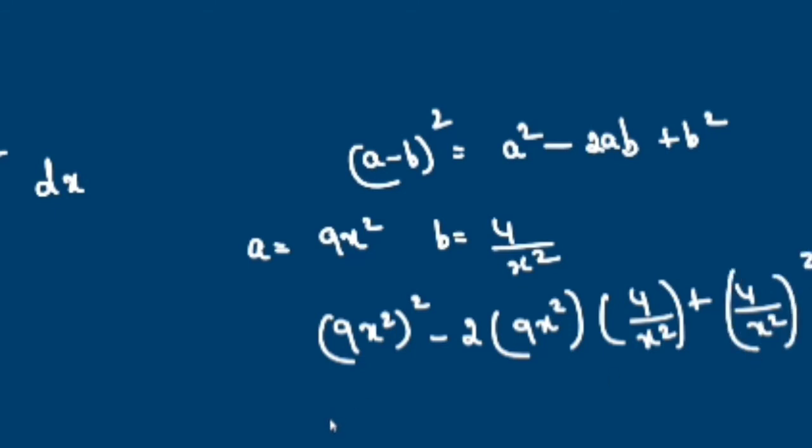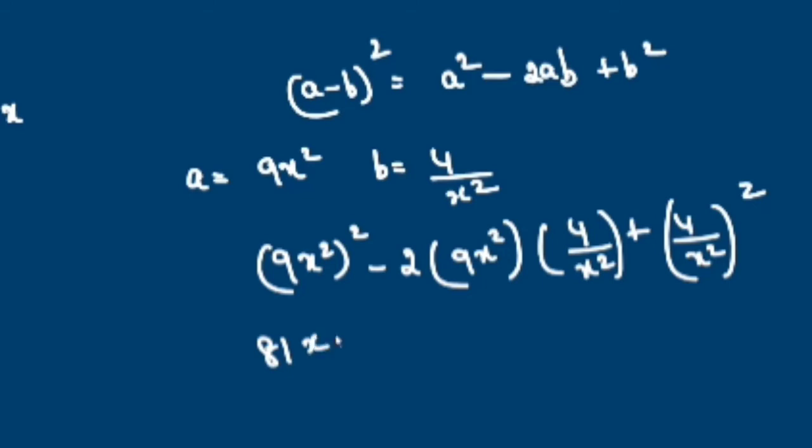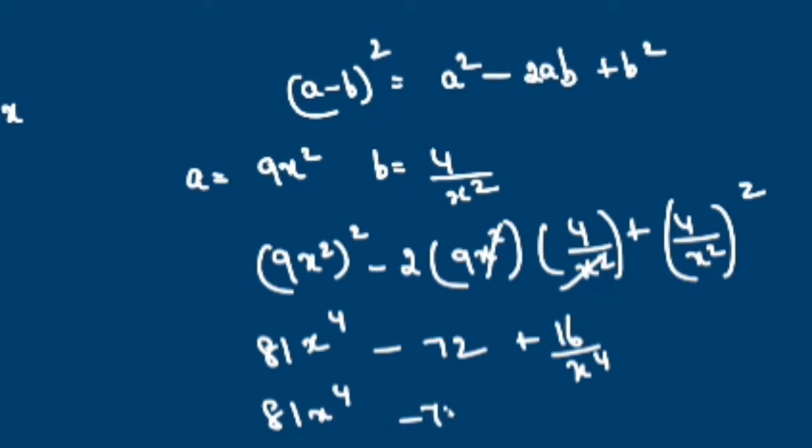So that is equal to 81 x power 4 minus, this is 36 into 2, that is 72, x square and x square cancelled, plus 16 by x power 4. This is nothing but 81 x power 4 minus 72 plus 16. Take it to the numerator, x power minus 4.